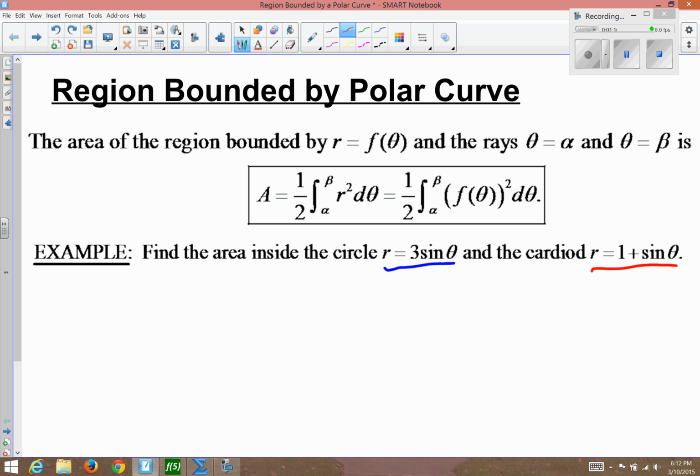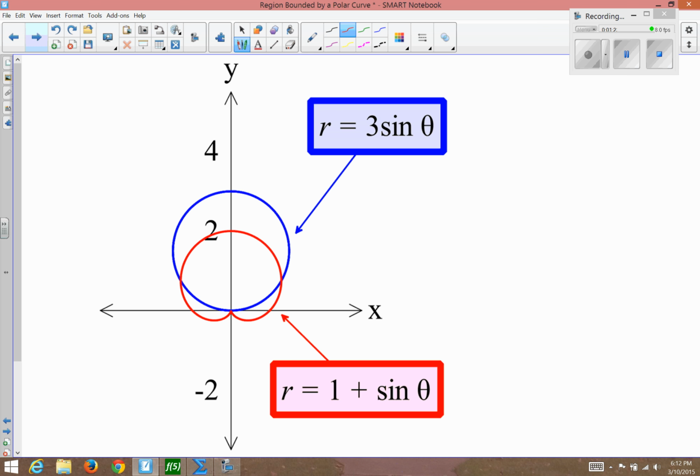The area inside the blue circle and the red cardioid means inside both of these, so r equals 3 sine theta is blue, it's a circle. r equals 1 plus sine theta is red, it's a cardioid. The goal is to find the area between or inside both of them.